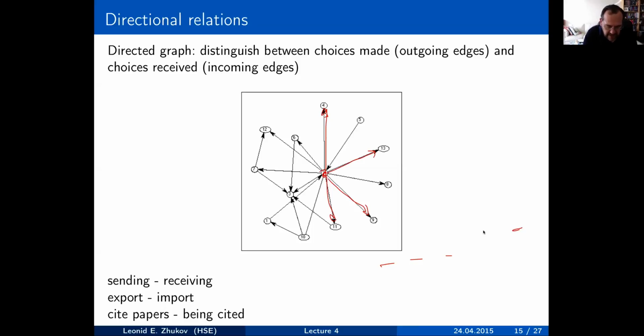And in this case, say, this node, and there is this node. So if we like incoming emails, or if you try to model economic networks, there is export and import, right? If you model citation networks, which papers cite which papers, it's also a huge difference, right? I'm citing someone or somebody is citing my work.